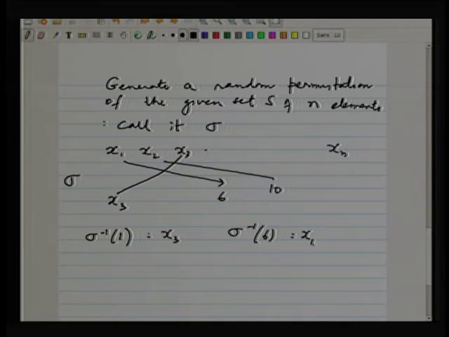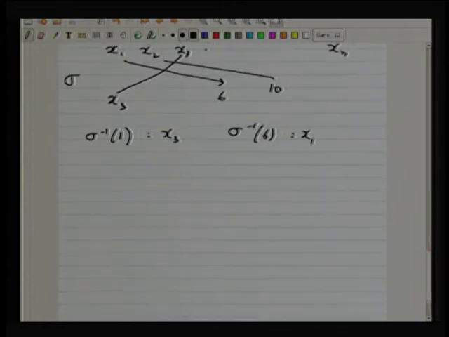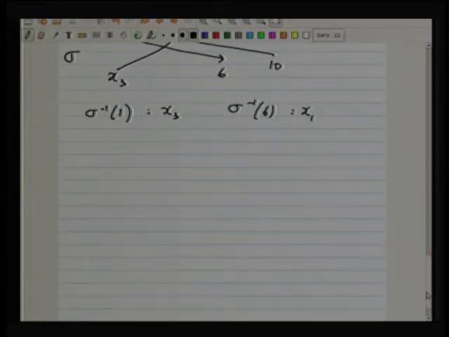So, when I want the first object of the random permutation, I say sigma inverse of 1, etc. Okay. So, that is the random permutation we have generated, and now it is a very simple framework where what you do is you just add or consider these elements in the order generated by the random permutation.